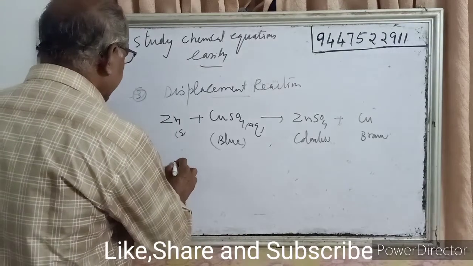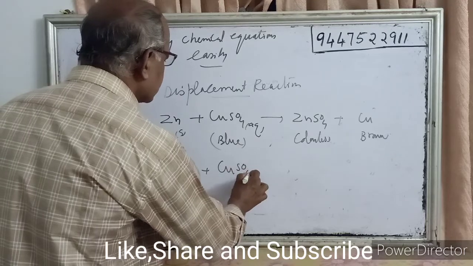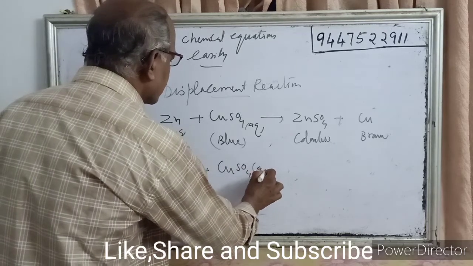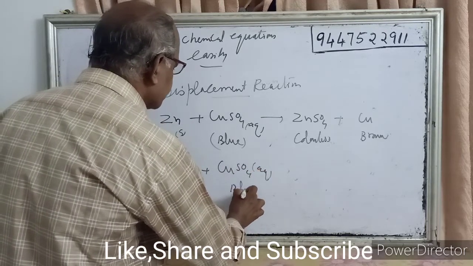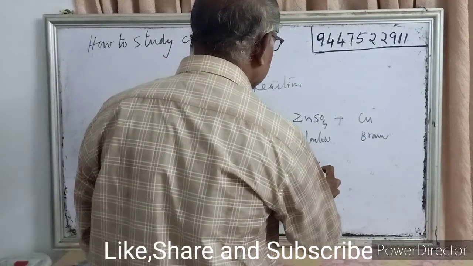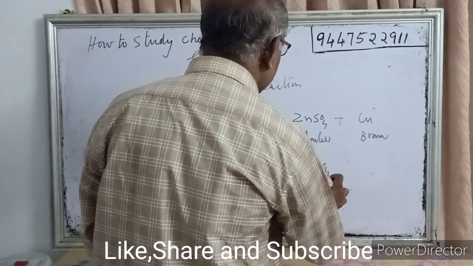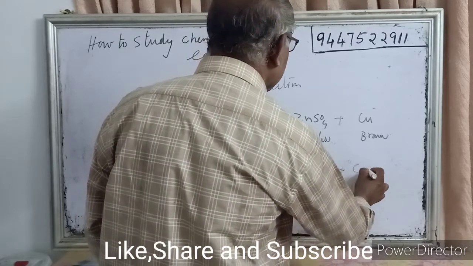Similarly, when you place an iron piece in copper sulfate solution, which is blue, this becomes ferrous sulfate, that is green, plus copper.